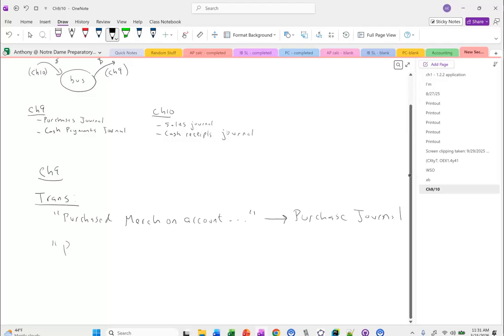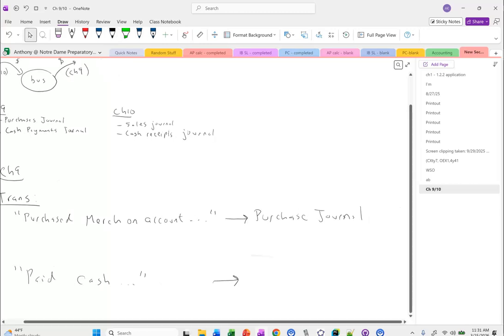Or if it says paid cash, and then some details, that's going to go into the cash payments journal.